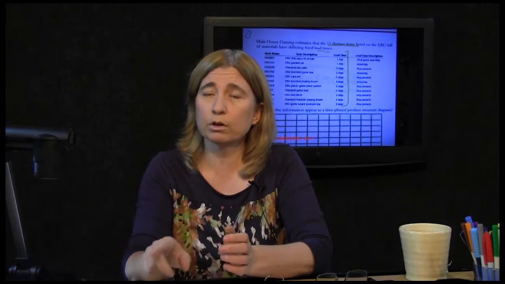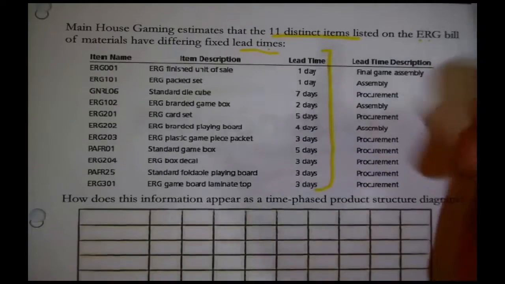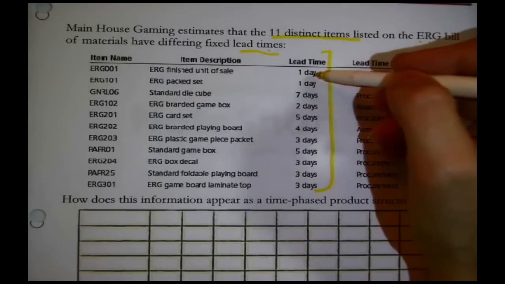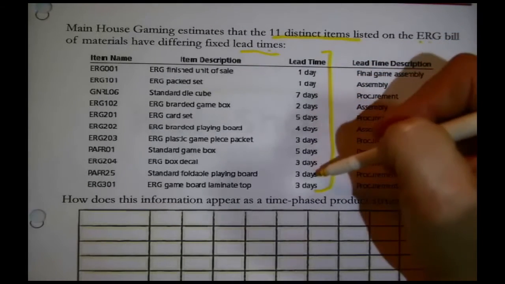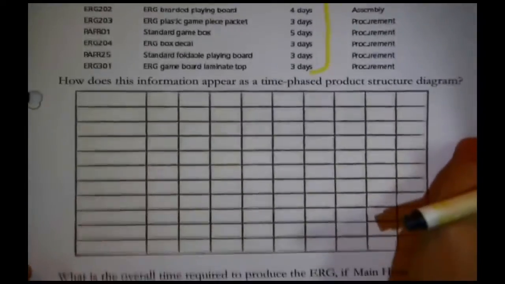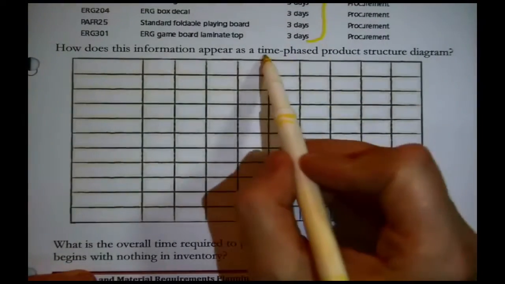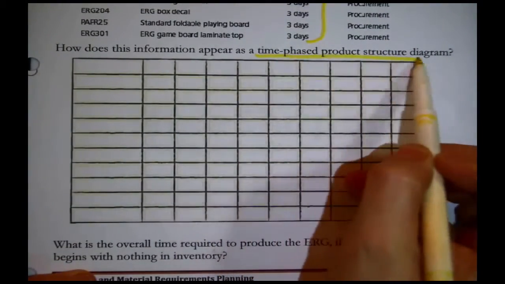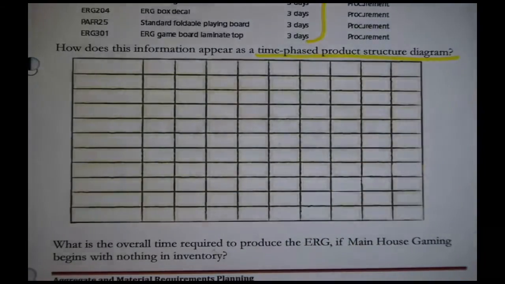Each one of them, if you needed more of that item, there is a certain fixed amount of time you would have to wait until you received it. And you can see that it varies. This is the difficulty for the different items. I see everything here from 1 day to 7 days. Now, it's asking down below and providing a grid, how would this information appear as a time-phased product structure diagram?